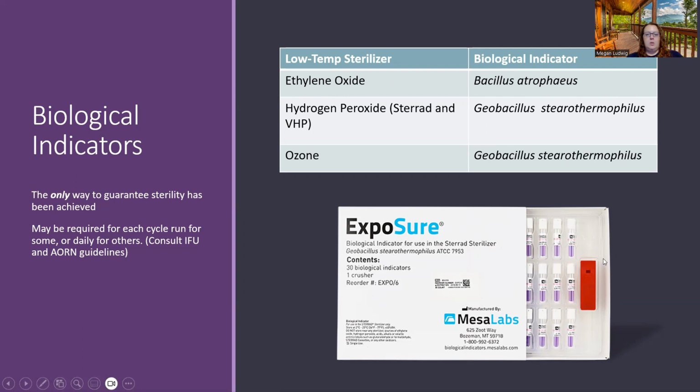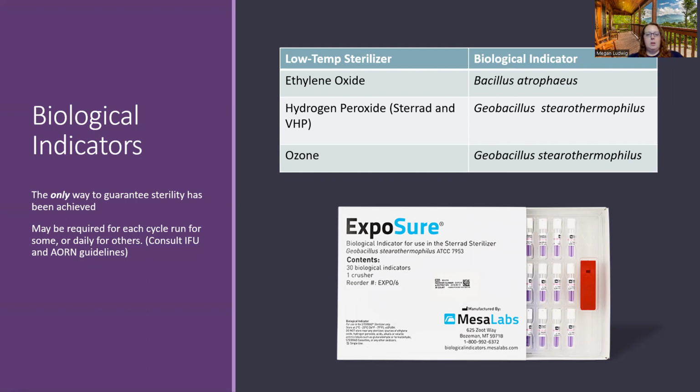Depending on the time, some of these can now be read in 3 hours as a rapid read. They used to take 24 hours for it to read, but that's not very beneficial. If you wait 24 hours for one of these, you've already given probably that instrument to a patient, and what if it failed? That patient just got potentially exposed to some sort of bacteria, something harmful.